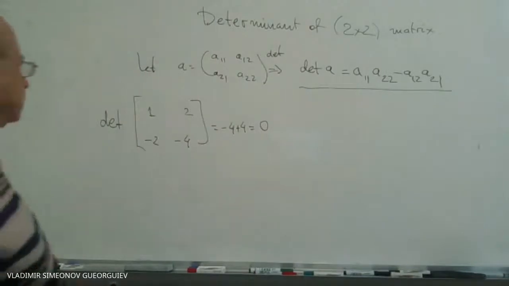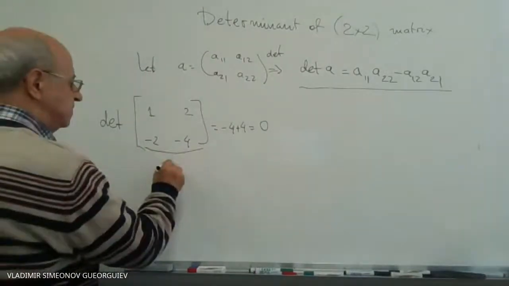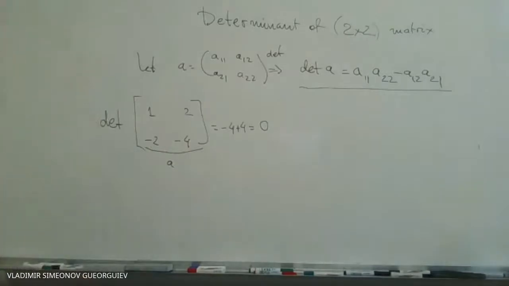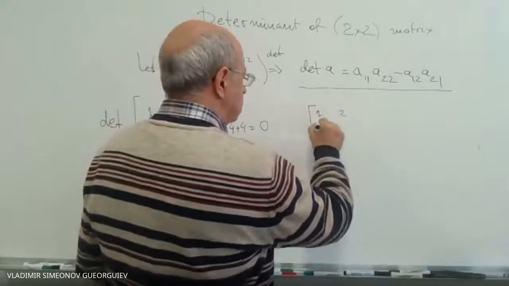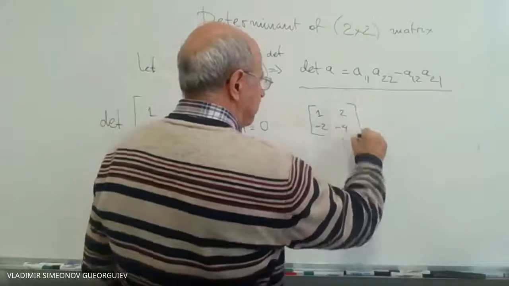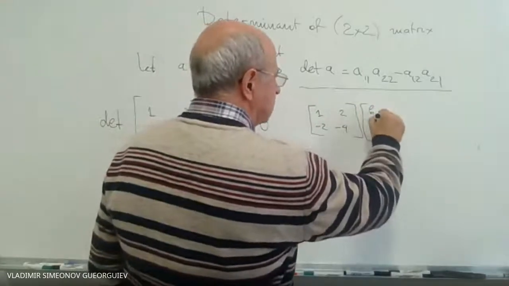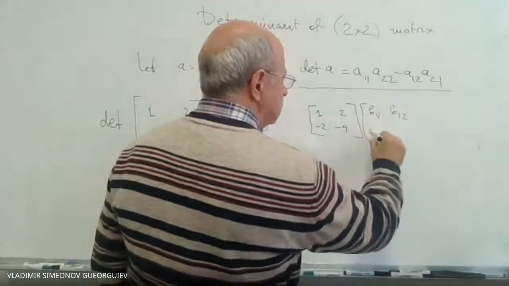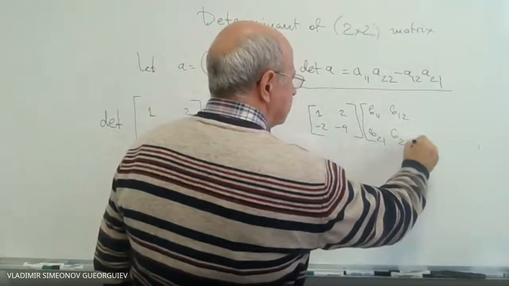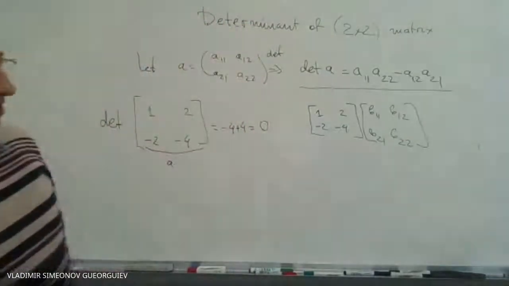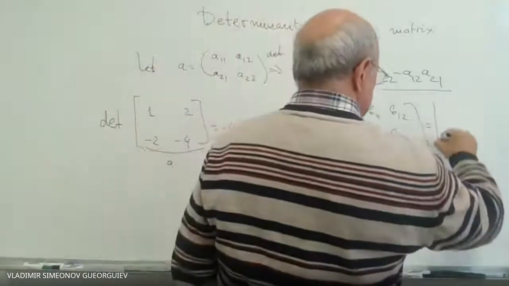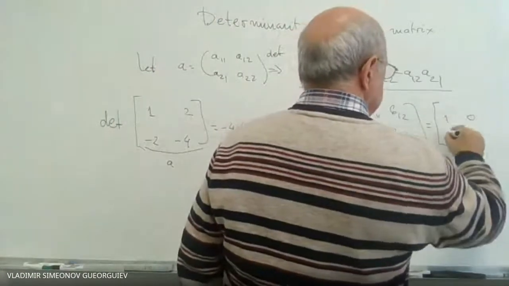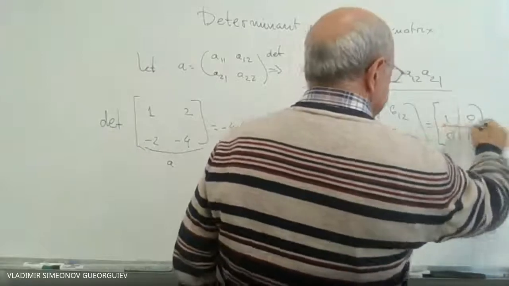So we have the matrix A, this one, and we are looking for matrix B. So we have to take this matrix, 1, 2, minus 2, minus 4, multiply by B11, B12, B21, B22. We are looking for such a matrix, if we are looking for the inverse matrix, such that this product is 1, 0, 0, 1, the identity matrix.